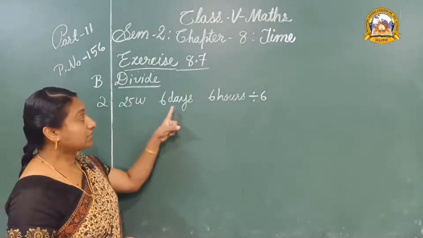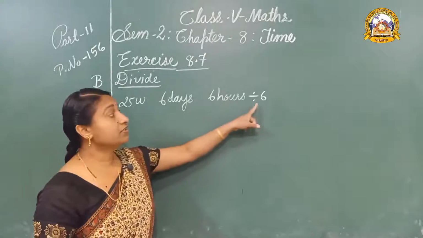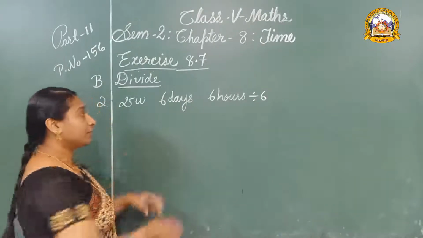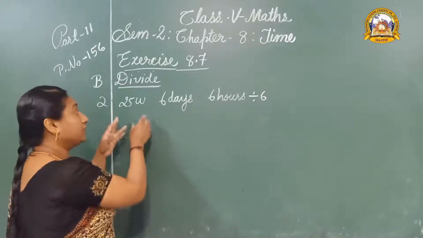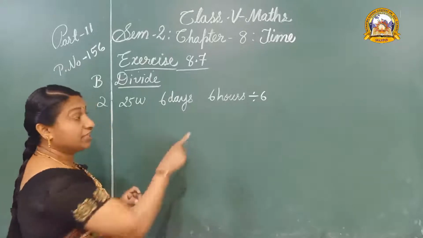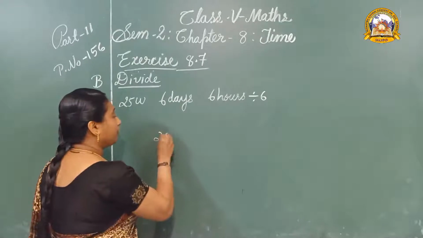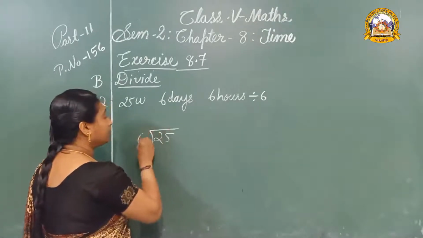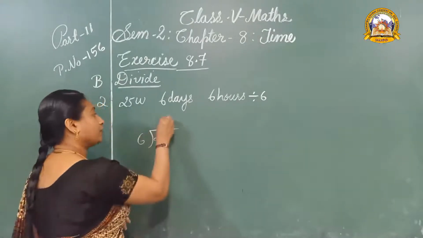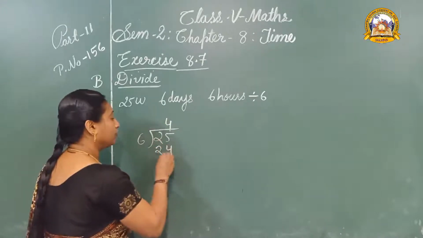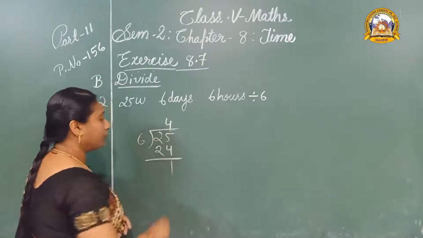25 weeks, 6 days, 6 hours, divide by 6. First let us start from the left side. 25 weeks divide by 6. Okay. 25 divide by 6. How many 6s are there? Yes, 6 4s are 24. Okay. What is remained there? 1.